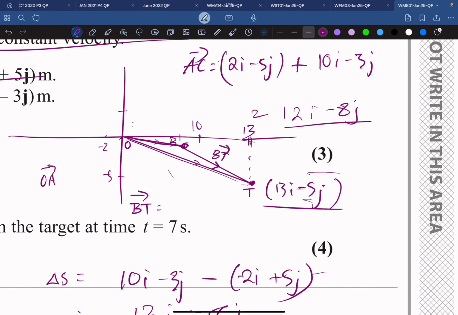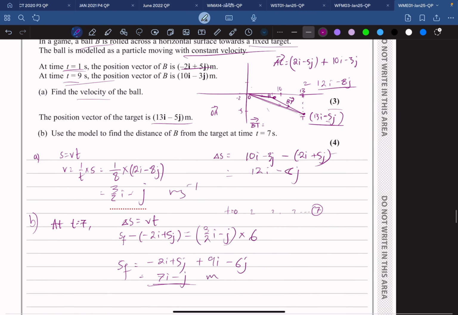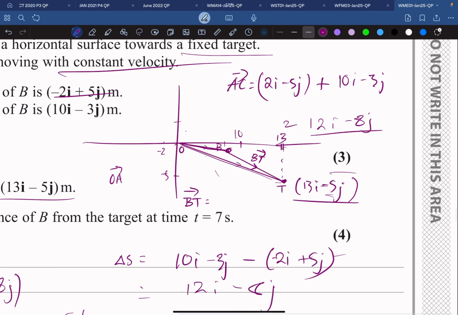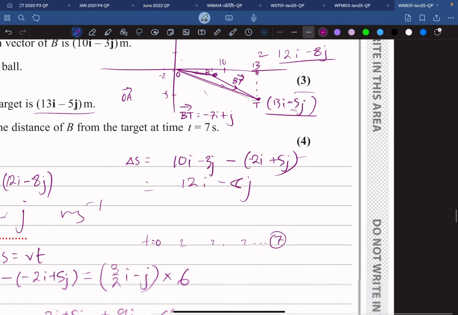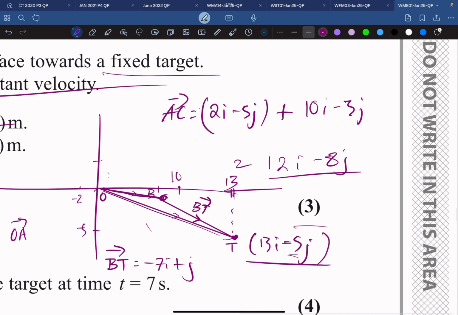BO is just, okay, 7i minus j, right? So OB is 7i minus j. So BO is going to be minus 7i plus j. Okay? And then plus OT. OT is 39 minus 5j. There we go. And this is just 13 minus 7, which is 6i minus 4j.